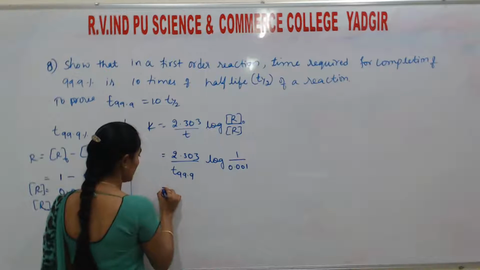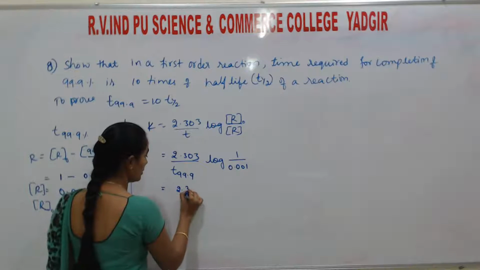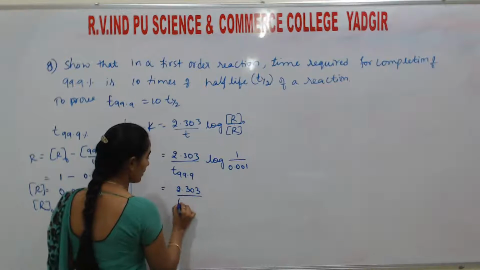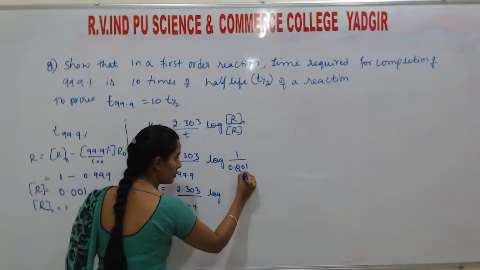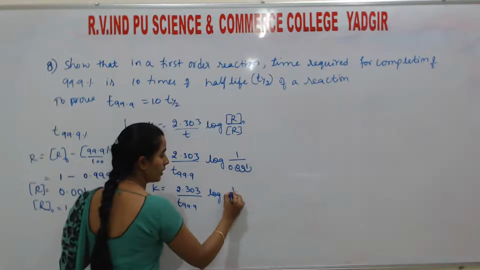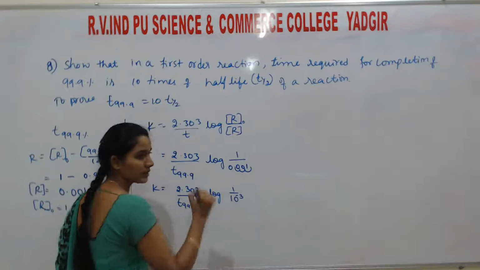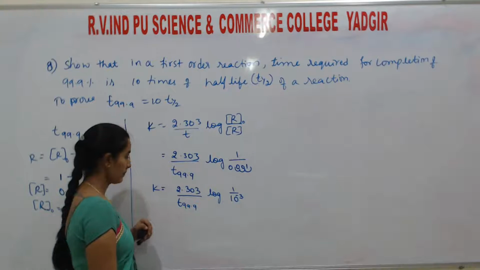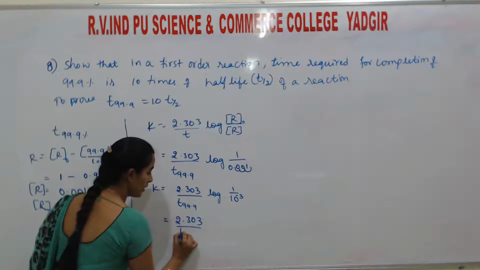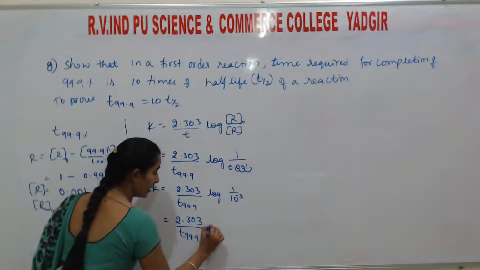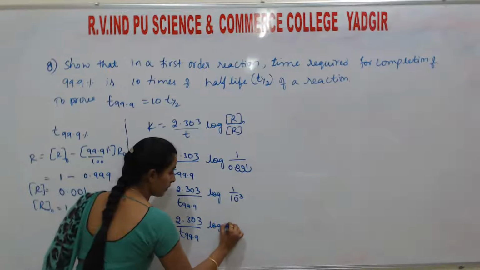Then that is 2.303 divided by T 99.9 into log of 1 divided by 10 to the power minus 3. Correct? So that is equal to 2.303 by T 99.9 log of 10 power 3.